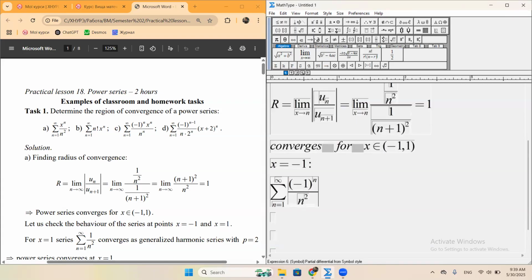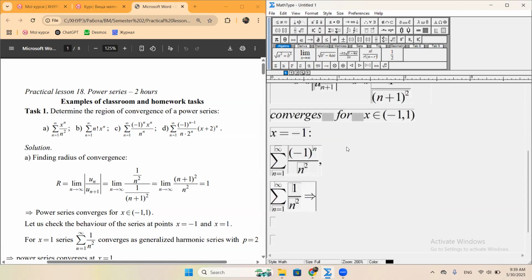Let's look at the series formed by the modules of these values. This is a generalized harmonic series with power p equal to 2, that is greater than 1, so this series converges. So for x equals -1, the power series is convergent.